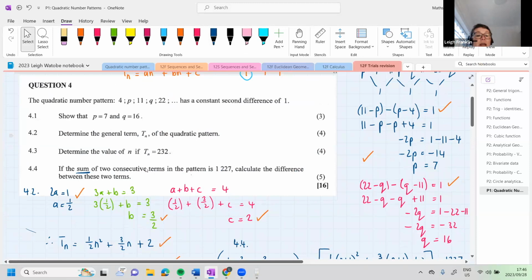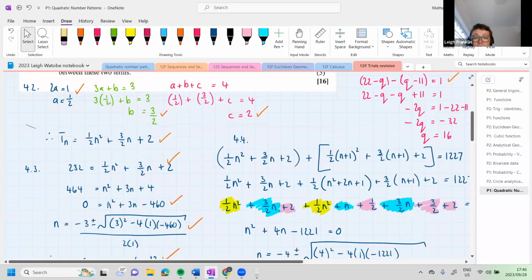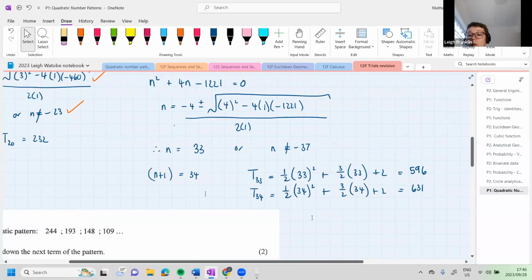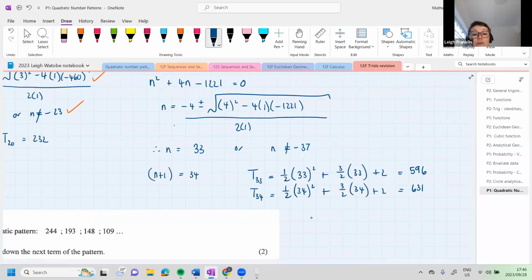They want us to calculate the difference between the two terms. So in other words, what they want us to do is work out what term 34 minus term 33 is going to be. Okay, so the difference that they want from us is going to be 631 minus 596.